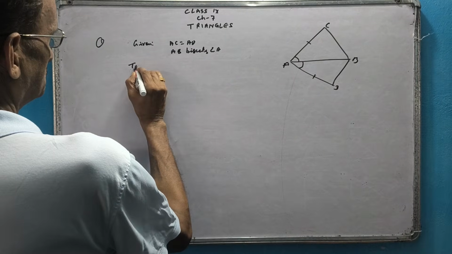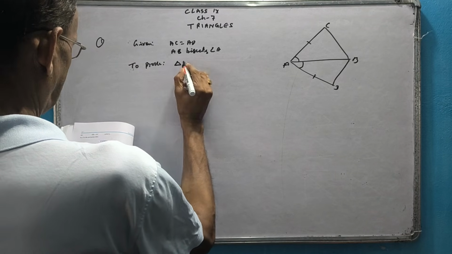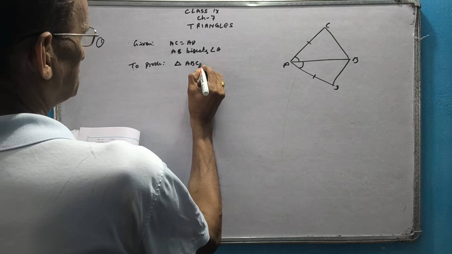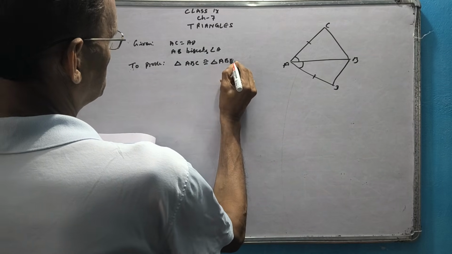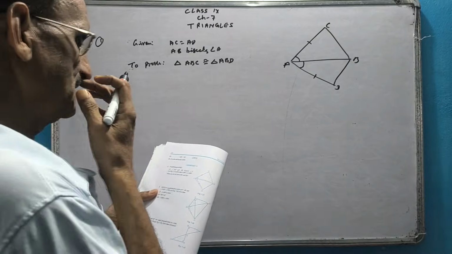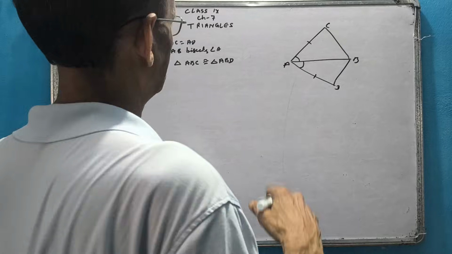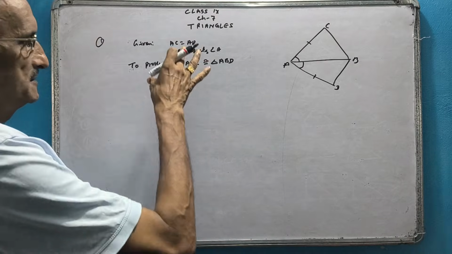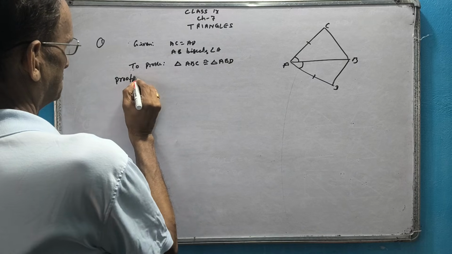We need to prove triangle ABC congruent to triangle ABD. This is the first part. In the second part, they are asking what you can say about BC and BD. That is later on. So now given you will write, the diagram is already there. Now the proof.